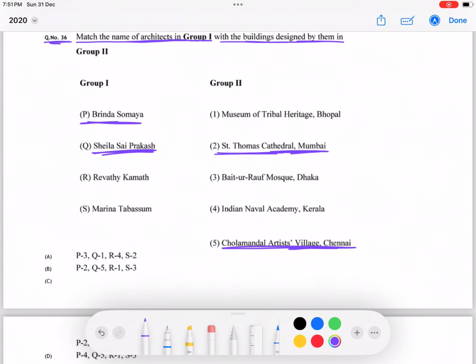Revathi Kamath has designed Museum of Tribal Heritage in Bhopal, and Marina has designed Bait-ur-Rouf Mosque in Dhaka. So the best match answer here is second, fifth one and third.